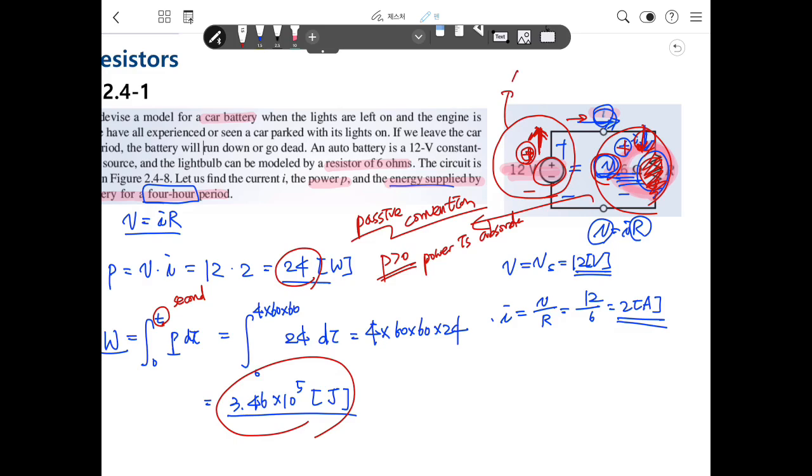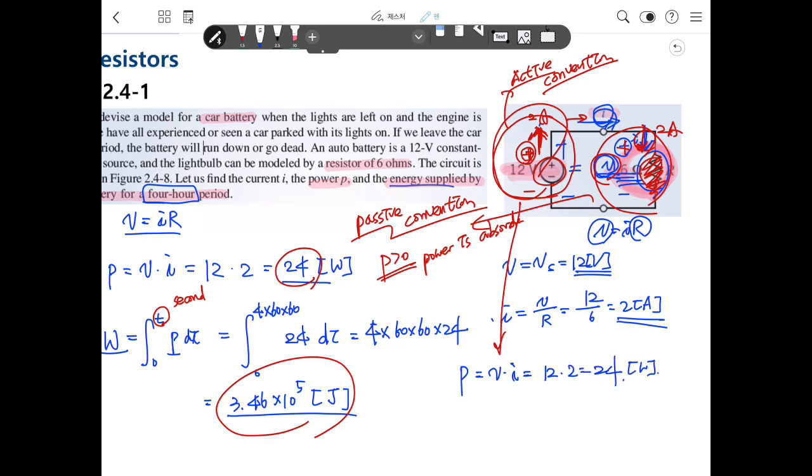You can say this is the active convention. So we use the active convention in the case of the source. Because the current is 2 amps, the power P is VI, 12 times 2, so 24.